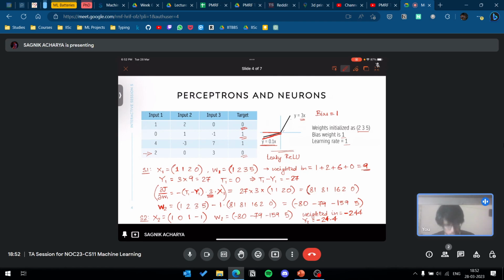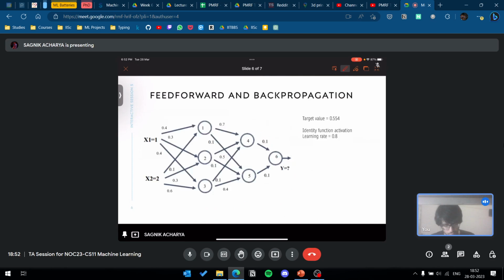So we'll move on to the next question, so we didn't use this page much. In the next question, I have this neural network over here, and you can see I have the target value. So I have to calculate the output y of this neural network. I have the target value here, and we'll also do back propagation on this neural network and calculate the derivative with respect to every neuron, right?